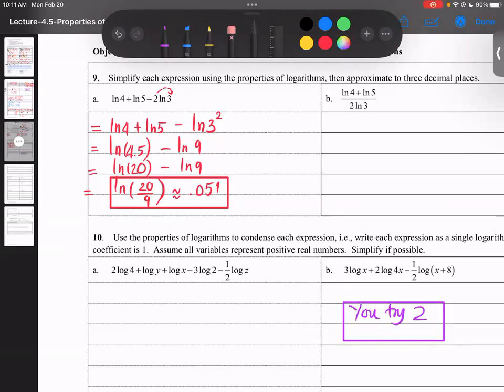Let's do 9B. I have a feeling it's going to be the same. ln 4 plus ln 5 on the top. Nothing I can do, because it's a quotient. Ooh, no, it's not a quotient. Is this the same thing as this? Let me ask you this. Is this the same thing as this?